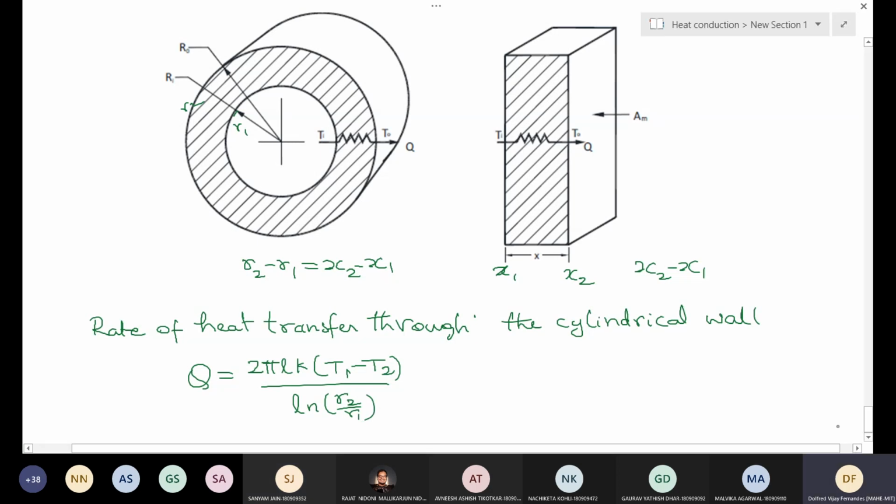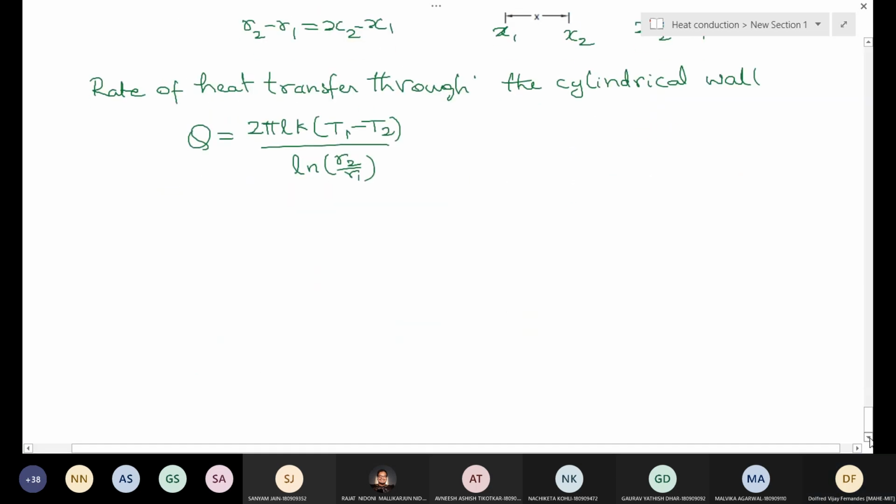Similarly, you can write the rate of heat transfer through the planar wall.